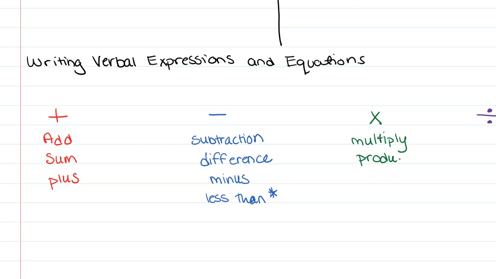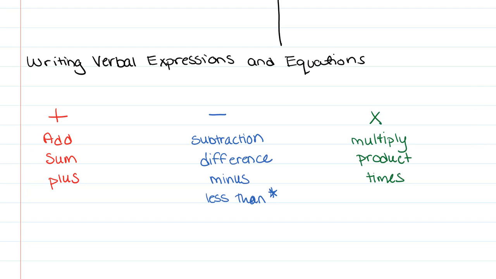Product, so the product of 5 and 10, or the word times, 3 times 5. And our last operator is going to be this division sign.